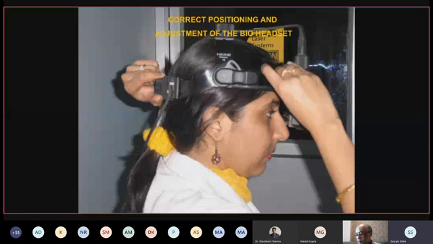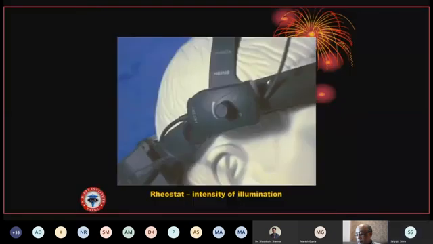It has to fit snugly on your head, not too tight, not too loose, because if you are in a hurry and if the instrument is not mounted properly, you will not give too much time to view the structures. So patience is required, and you have to tighten the top knob and the back knob in such a way that the instrument fits snugly.